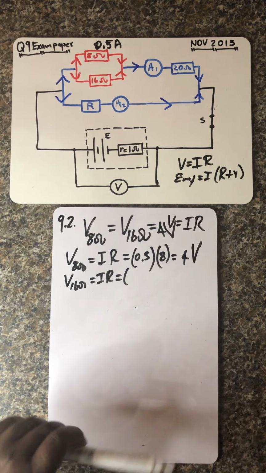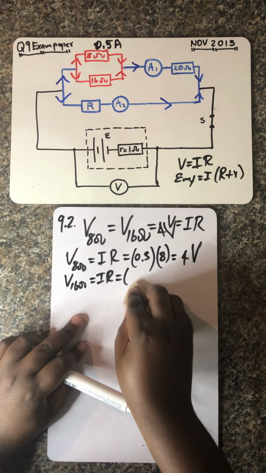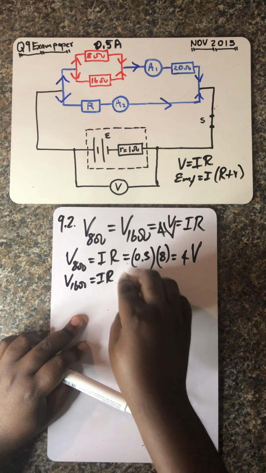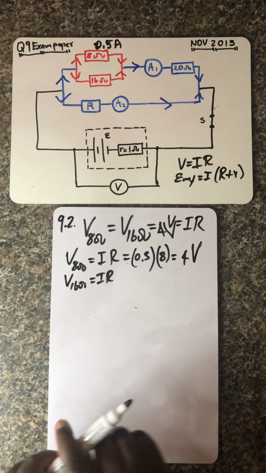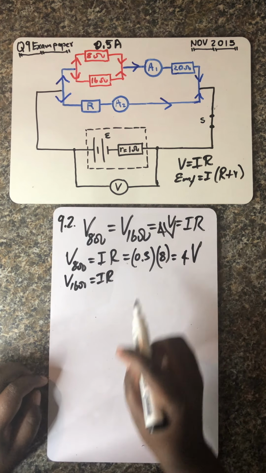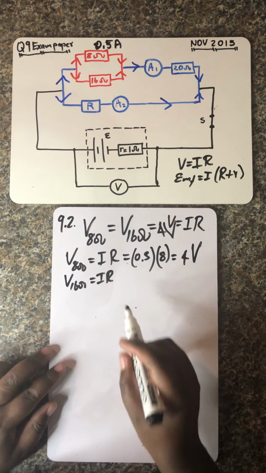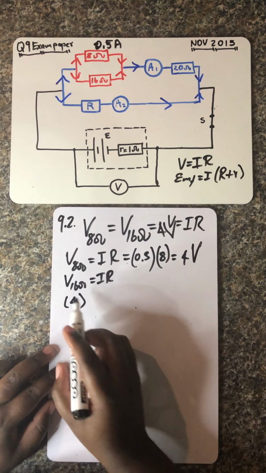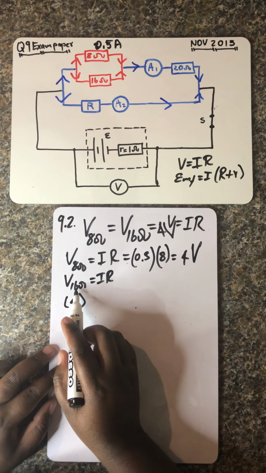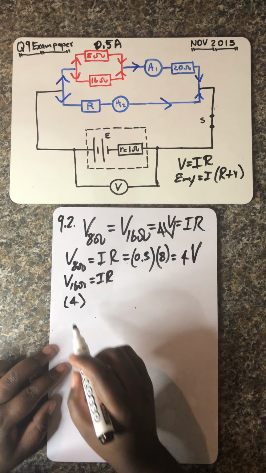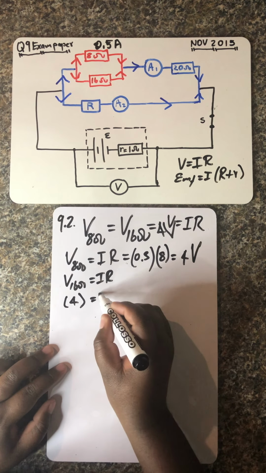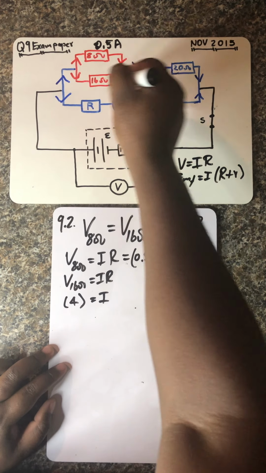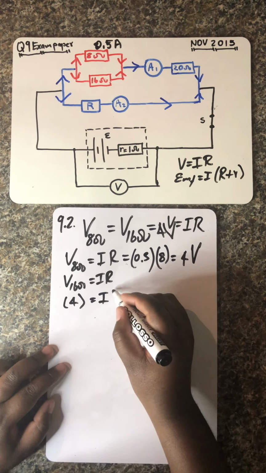I just noticed after writing this formula. So it helps to start by writing the formula, because you'll be able to see what you have and what you don't have. So we know that the voltage on the 16 ohms resistor is 4, which is equal to, we want the current flowing through the 16 ohms resistor.